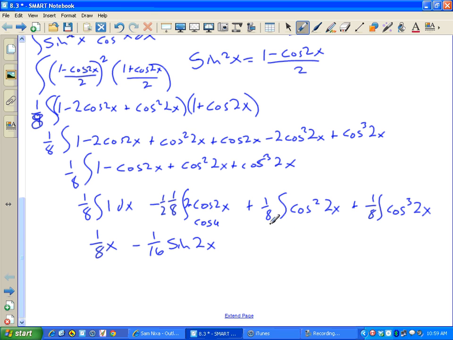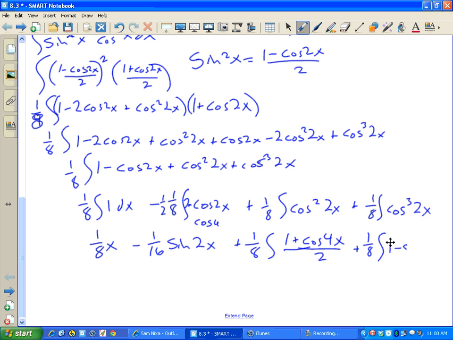This one I'm going to have to do power reduction again. So this would become 1 plus cosine 4x over 2. This one I'm going to pull out a cosine 2x and switch the other one into 1 minus sine squared.